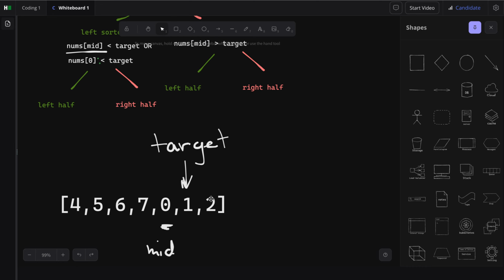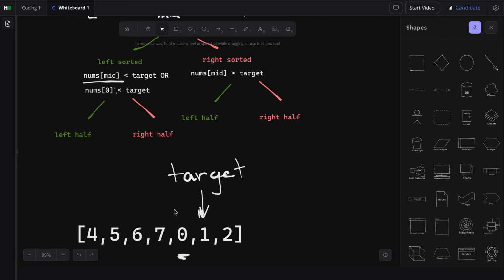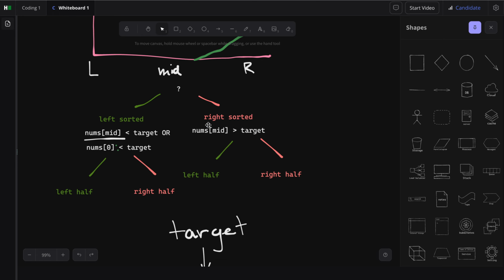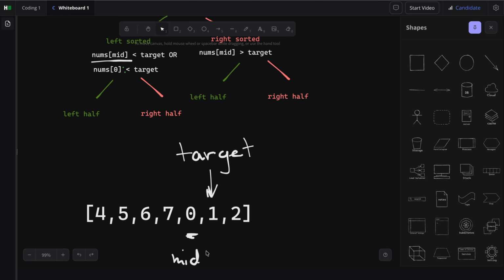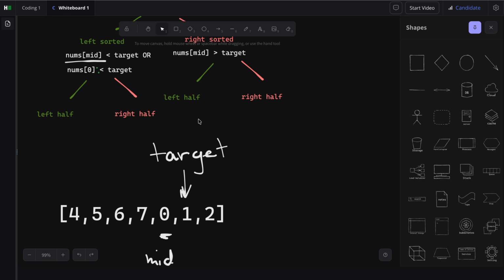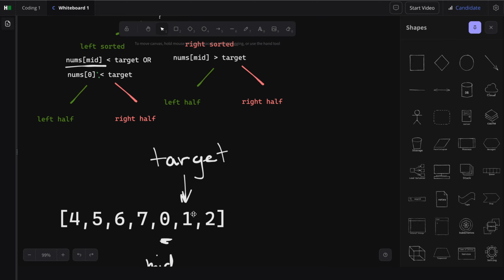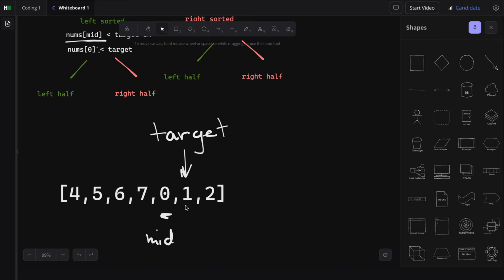So nums mid, this is the middle, is greater than target. I don't know why I can't visualize this well. Oh my god. Okay, so 0 is greater than 1. That's not true, okay?